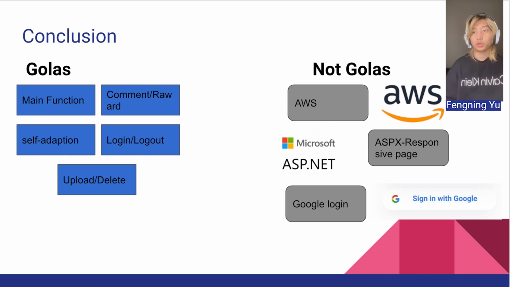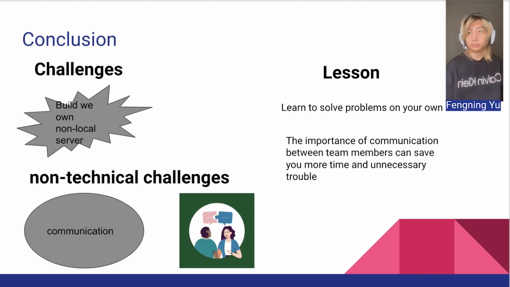Those are our requests. We will slowly improve this page later and also improve ourselves and our own programmability. The huge problem we face is that we will not use AWS and build our own non-local servers.